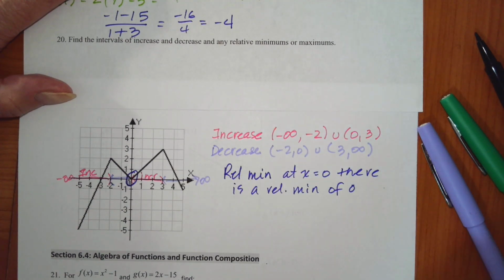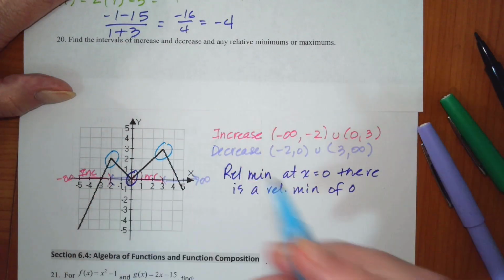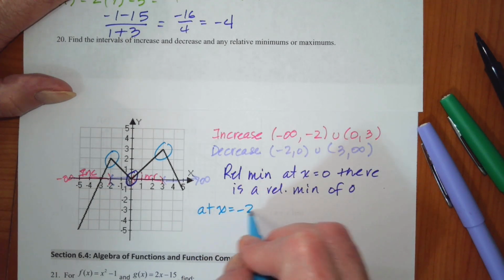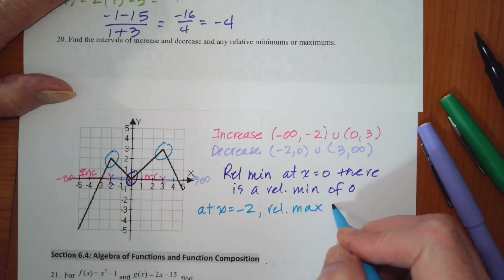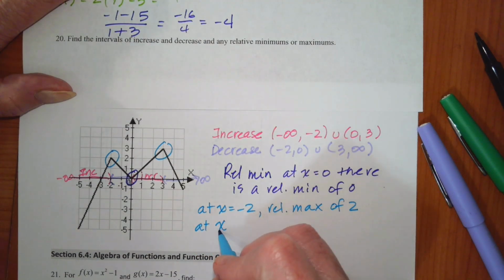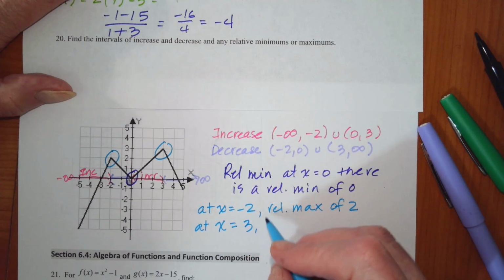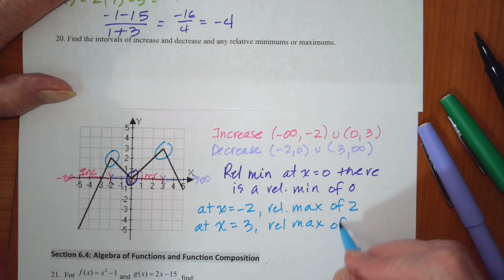Then we have our peaks. So at x equals -2, you have a relative max of 2. And at x equals 3, you have a relative max of 3.